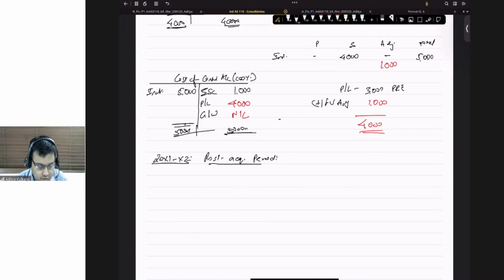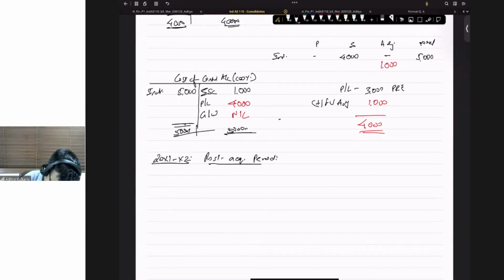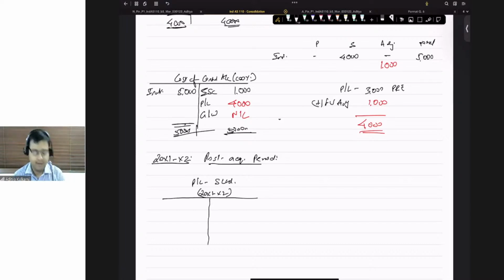So now, the P&L of S Limited for 20X1-X2, keeping it very simple.